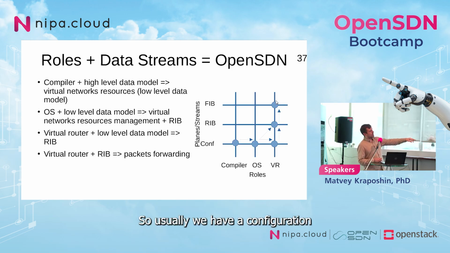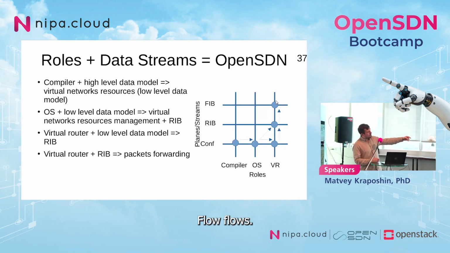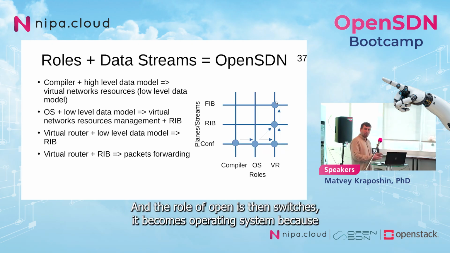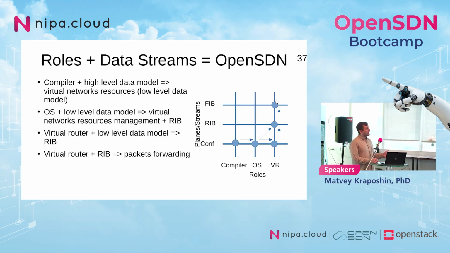So usually we have a configuration, the compiler processes this configuration, then the data stream flows, and in the role of OpenSDN switches, it becomes an operating system because it distributes this configuration to other devices, virtual or physical.